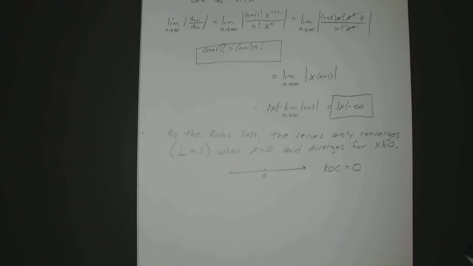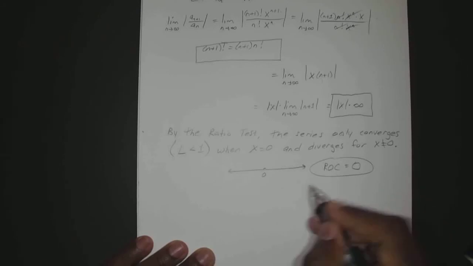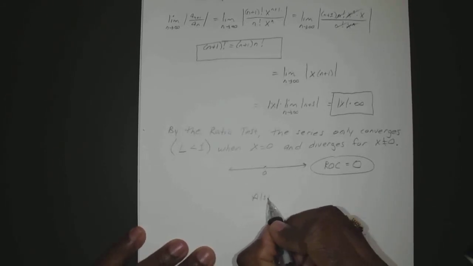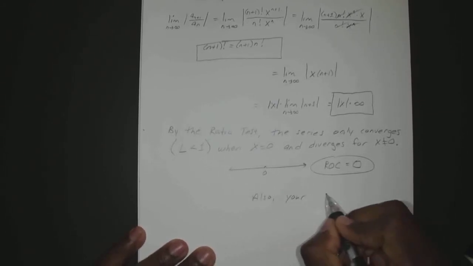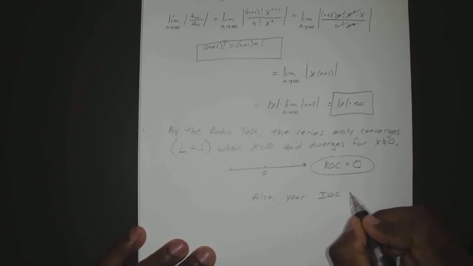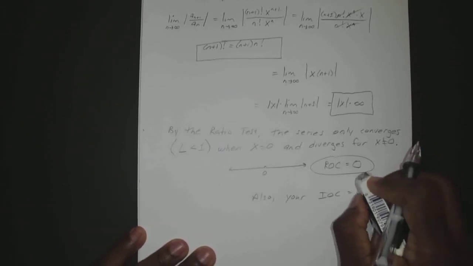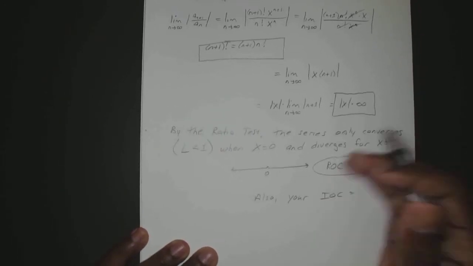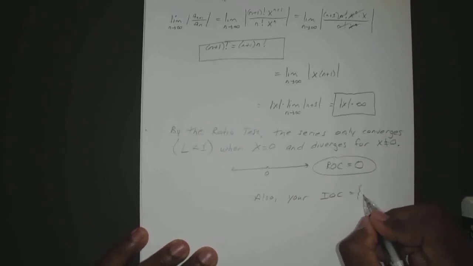Okay. And even though they didn't ask for it, your interval of convergence is also just 0. It's no interval, it's just one spot. So also, your interval of convergence is just equal to, I guess you can put a bracket there, 0.